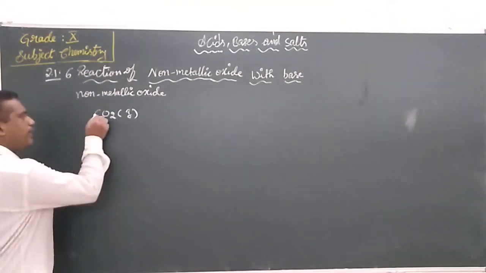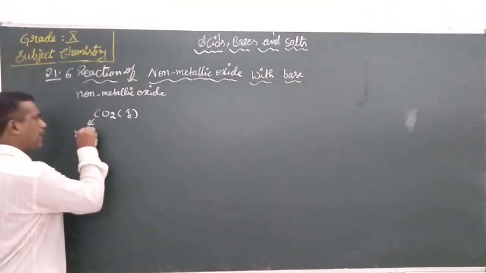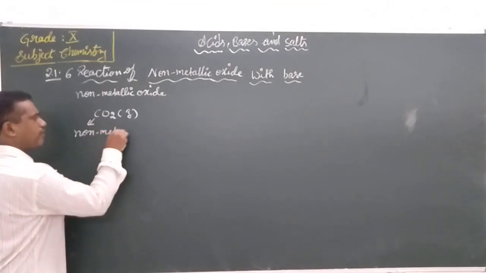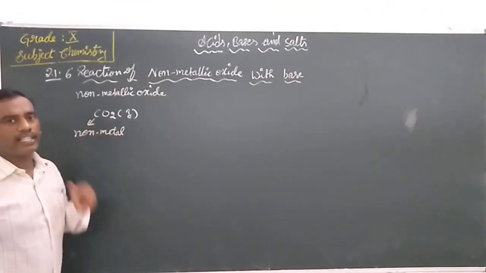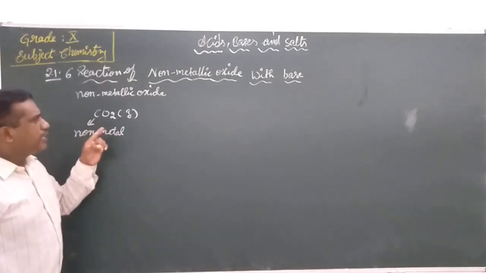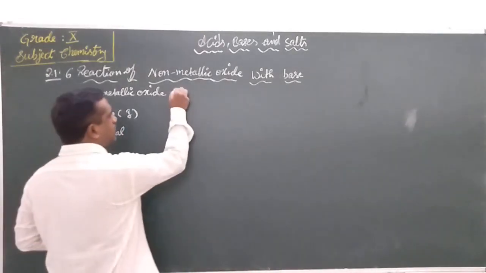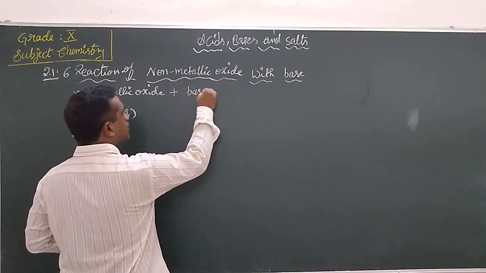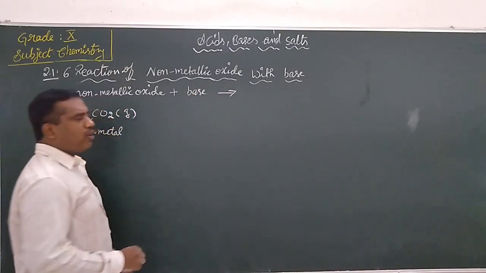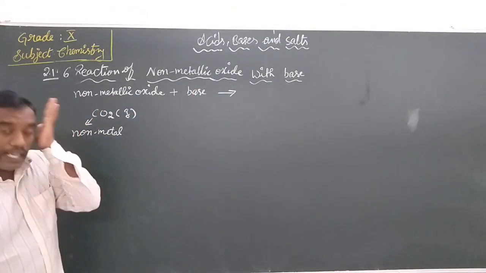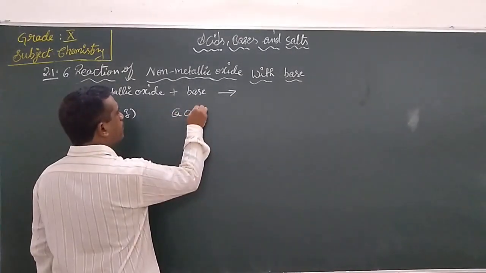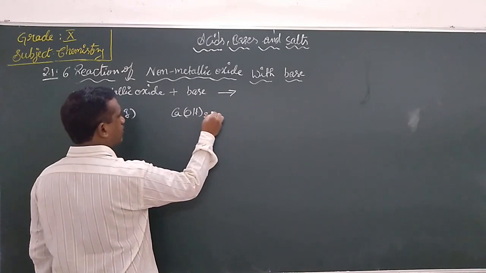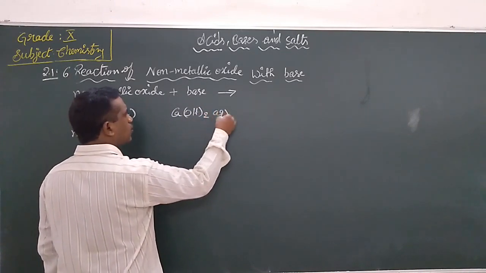Carbon is a non-metal. It is combined with oxygen, so it is a non-metallic oxide. It is going to react with a base. We are going to choose a base like calcium hydroxide, dissolved in water.